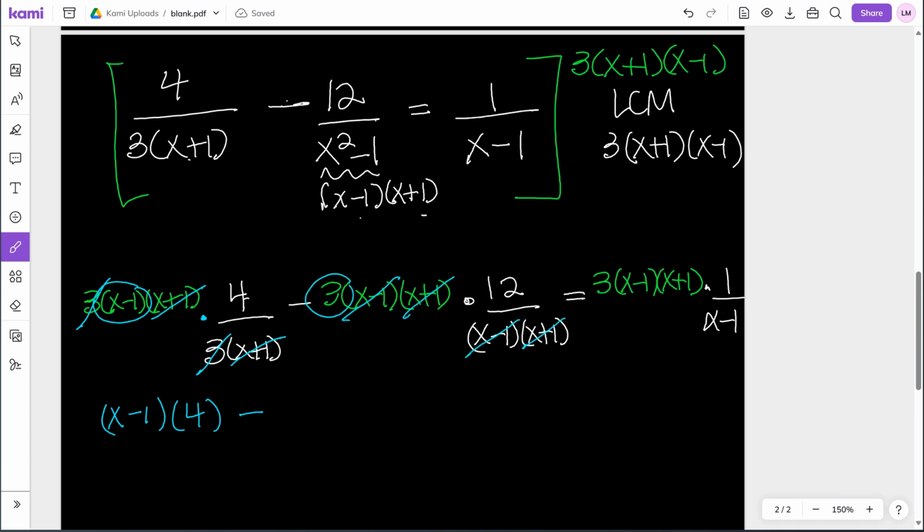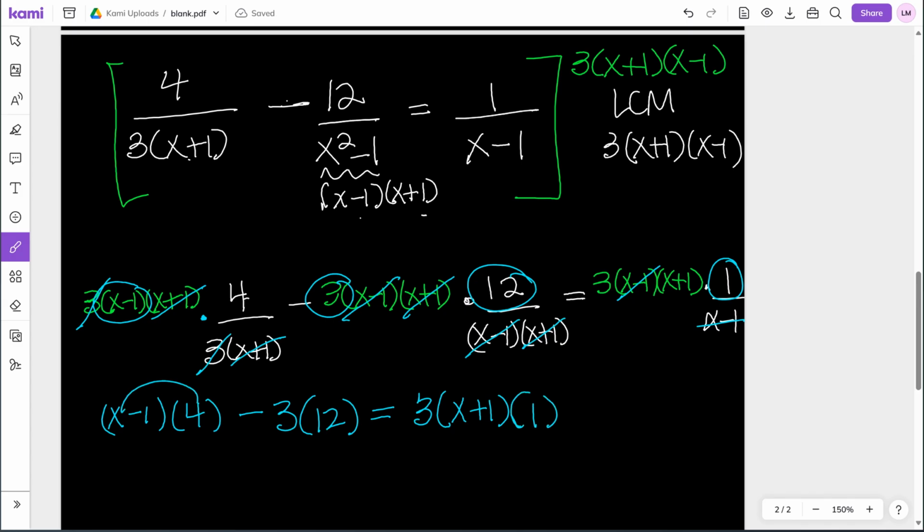So now I have 3 multiplied by 12 equals, x minus 1 will cancel, so I have 3 times x plus 1 multiplied by 1. That's not going to change anything. We can put the times multiplied by 1 right here. If there were another number, it would change our result, but that's not going to have any effect.